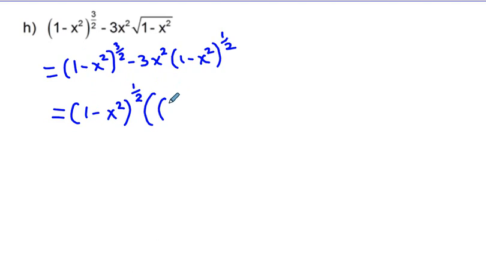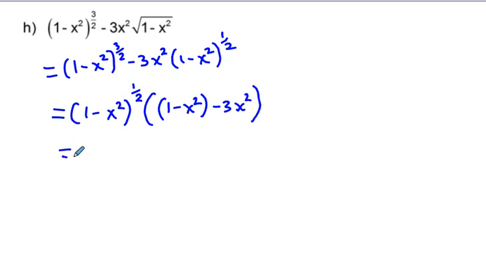Well, it's going to be simply 1 minus x squared, because this is to the 1 power, this is to the 1/2 power, add 1 and 1/2, you get 3/2. And then we're going to have here minus 3x squared, and then yes, to the 1/2 already.